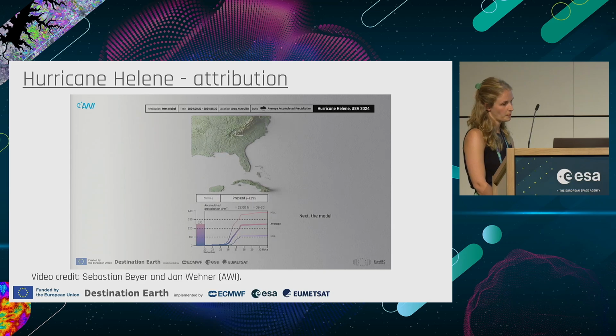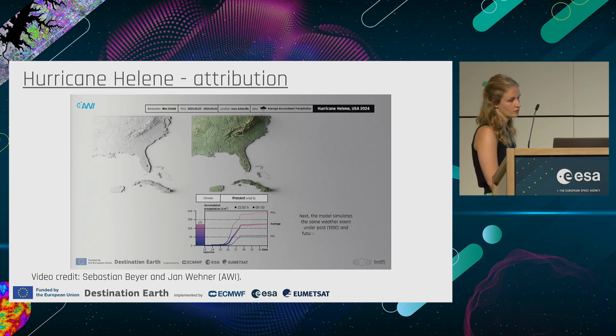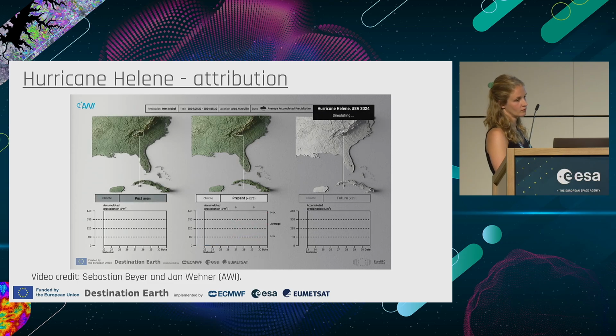Next, the model simulates the same weather event under past 1950 and future plus 2 degrees Celsius conditions.